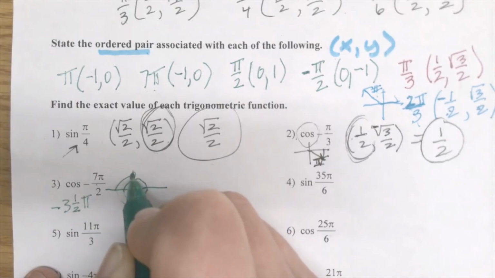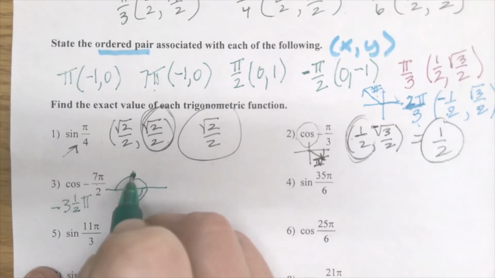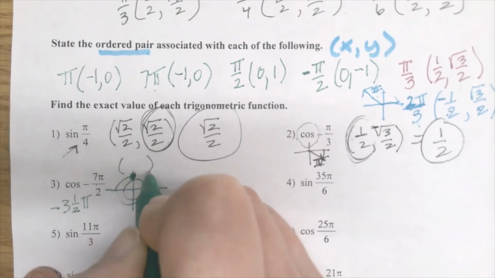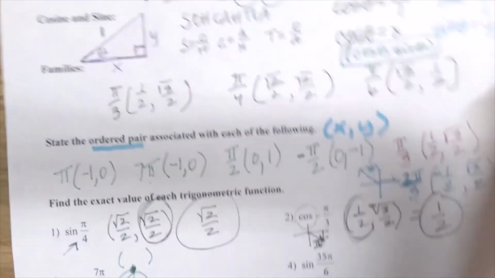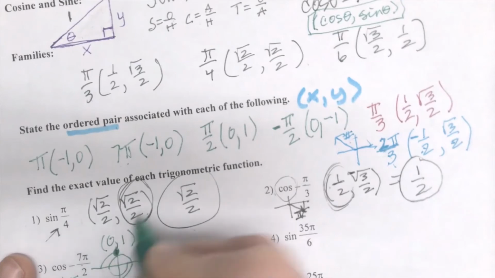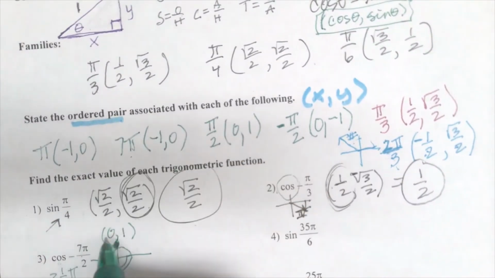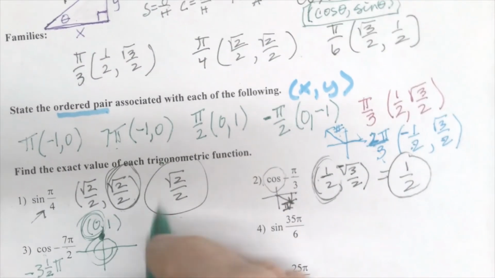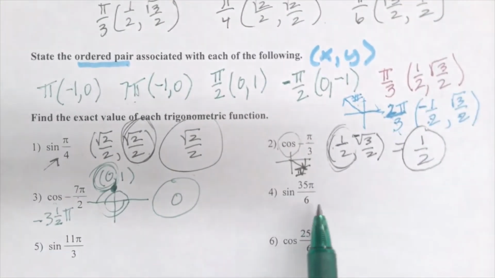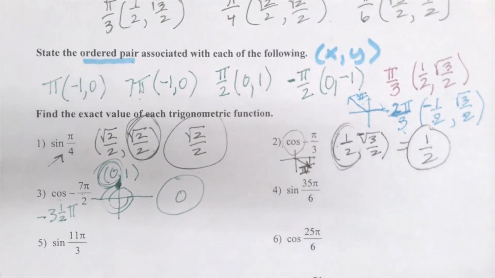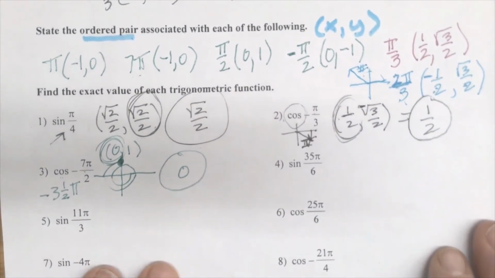That puts me right up here, up on top. That point is associated with that upper spot up here, which is 0, 1. So that's the point 0, comma 1. I want the cosine. Cosine is the x coordinate, so my answer here is 0. The sine of 35 pi over 6.